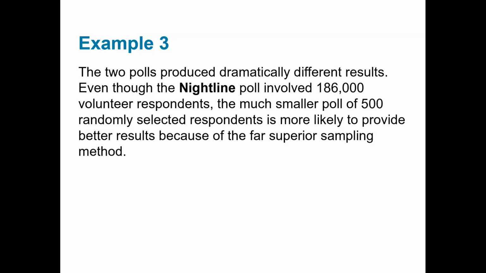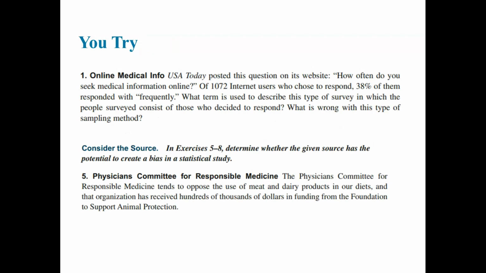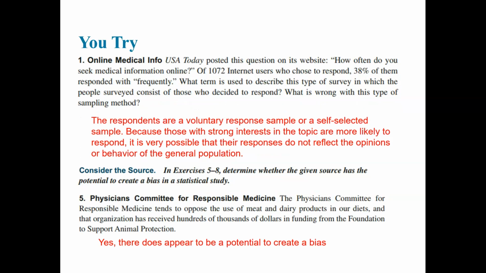Maybe people that have some strong opinions or have extra time, and we're not getting a representation of the population. So that independent separate survey that was randomly selected and surveyed is a more reliable survey. Press pause, try these on your own, and press play when you're ready to see the answers. And there you go. Take a moment to review your solutions.